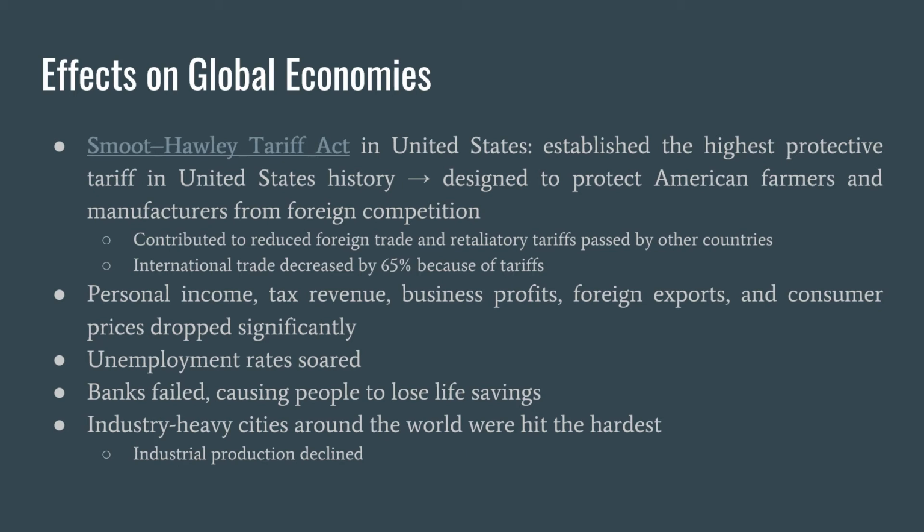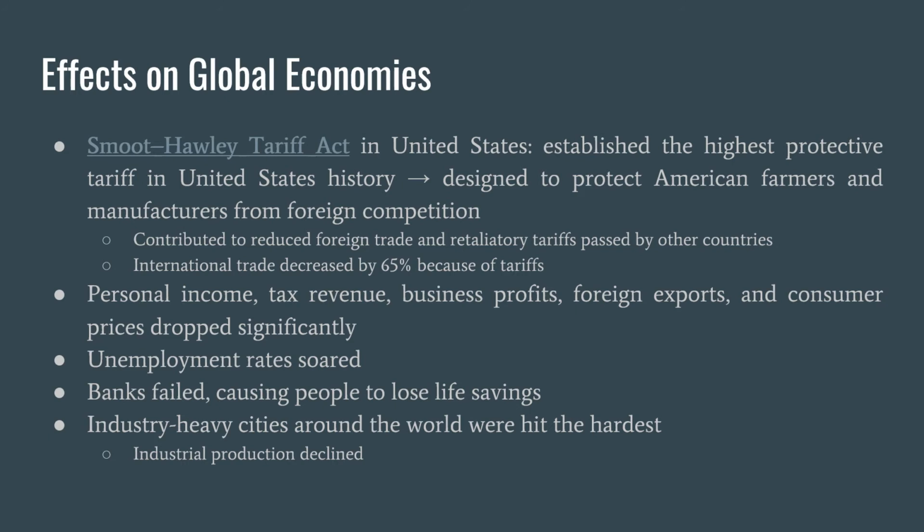So it basically makes other goods and services from other countries so expensive that people have to buy American. But this tariff sort of starts off what can only be described as a tariff war. Other countries who sort of see what the United States is doing take steps to do the same thing, so making it more difficult for American goods to be sold outside of the country.